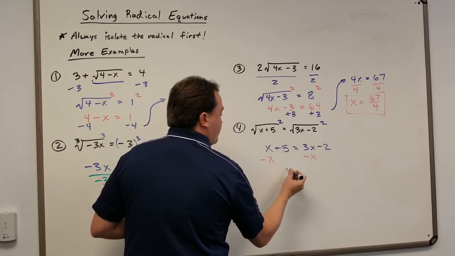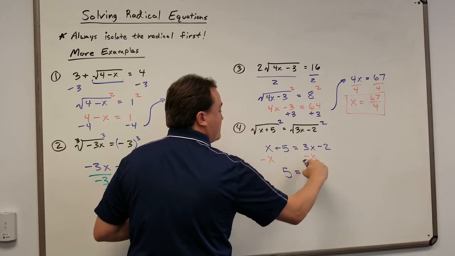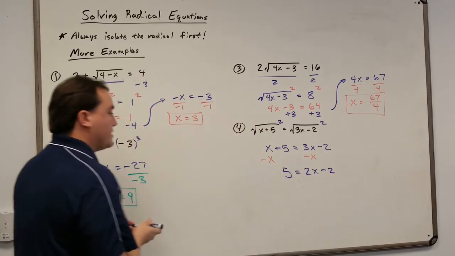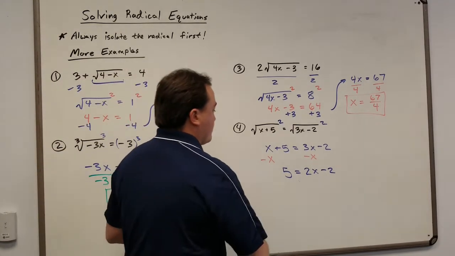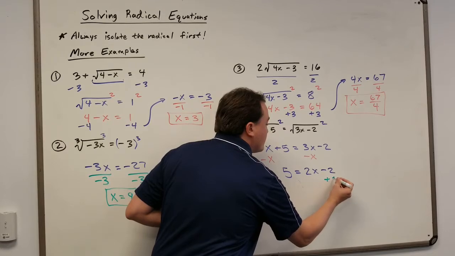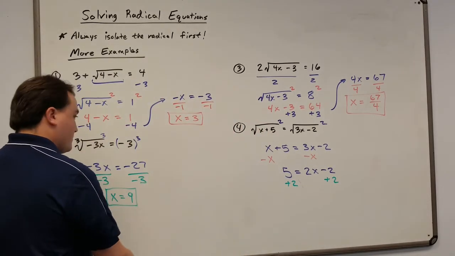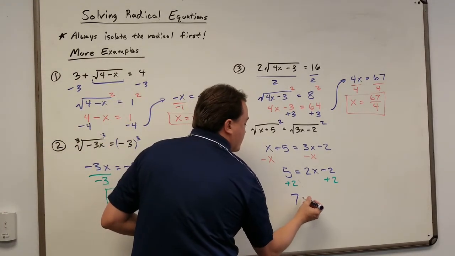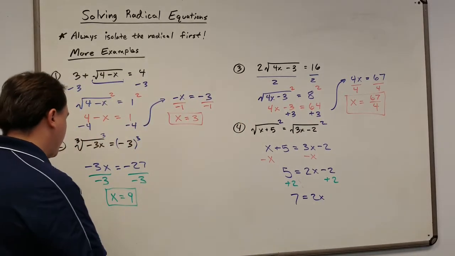So we get 5 equals 2x minus 2. Then add 2 and divide by 2. So 7 equals 2x. And then divide to get our final answer.